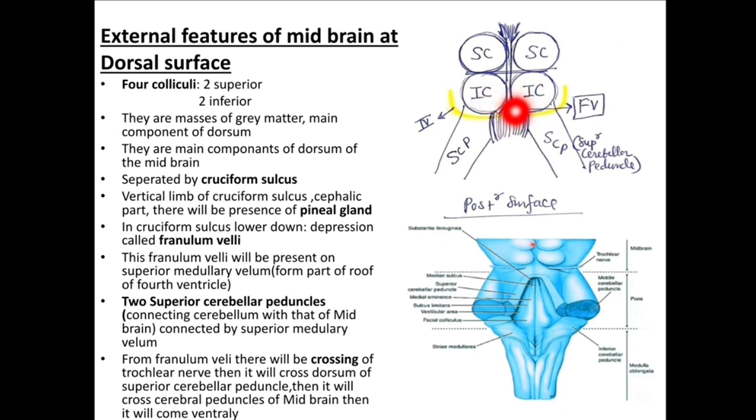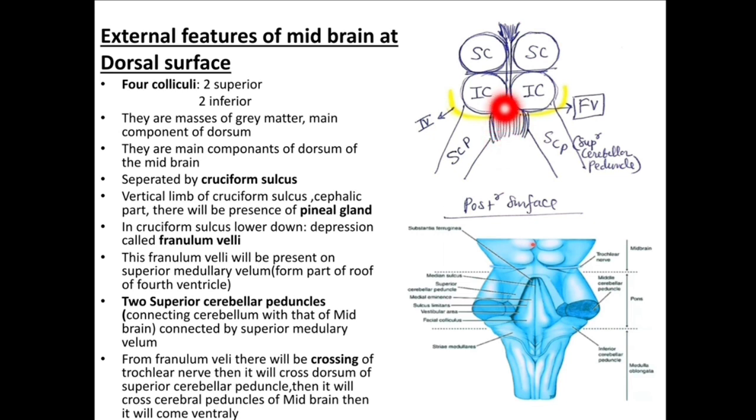This frenulum veli is present on the superior medullary velum, which forms part of the roof of the fourth ventricle. The 2 superior cerebellar peduncles connect the cerebellum with the midbrain, and they are connected by the superior medullary velum.